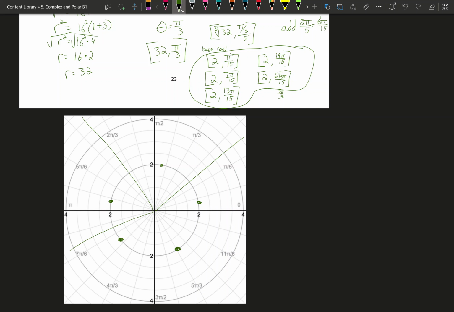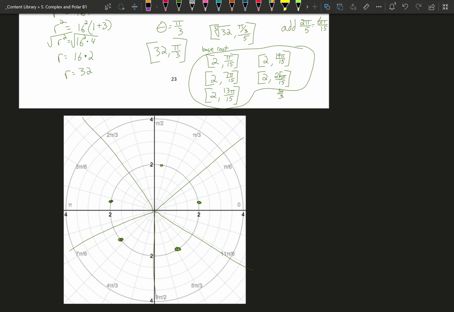If we look at these graphed out, it's almost like we've divided the entire circle into 5 different sections: 1, 2, 3, 4, 5. And each of those sections has one of these roots. The 2 pi divided by n, think about where the 2 pi comes from.